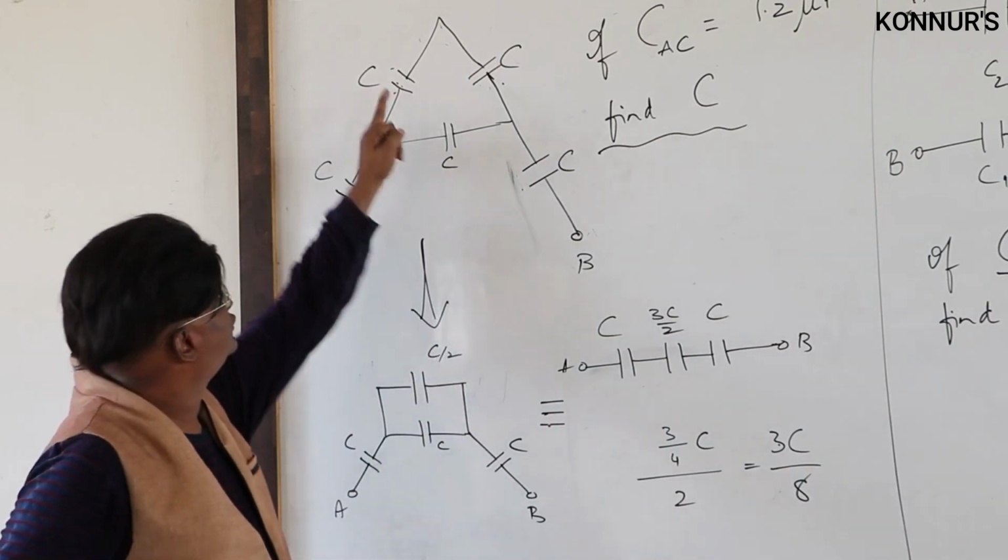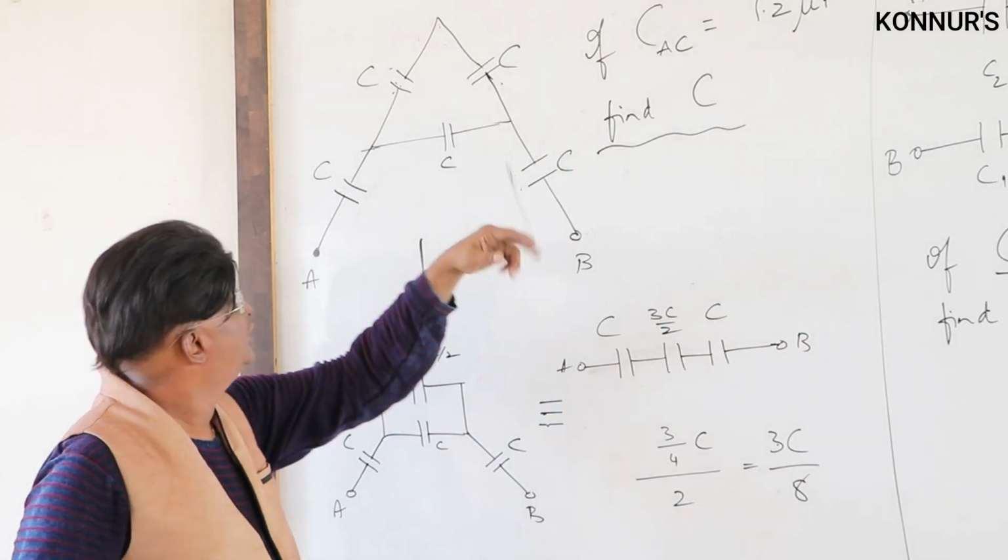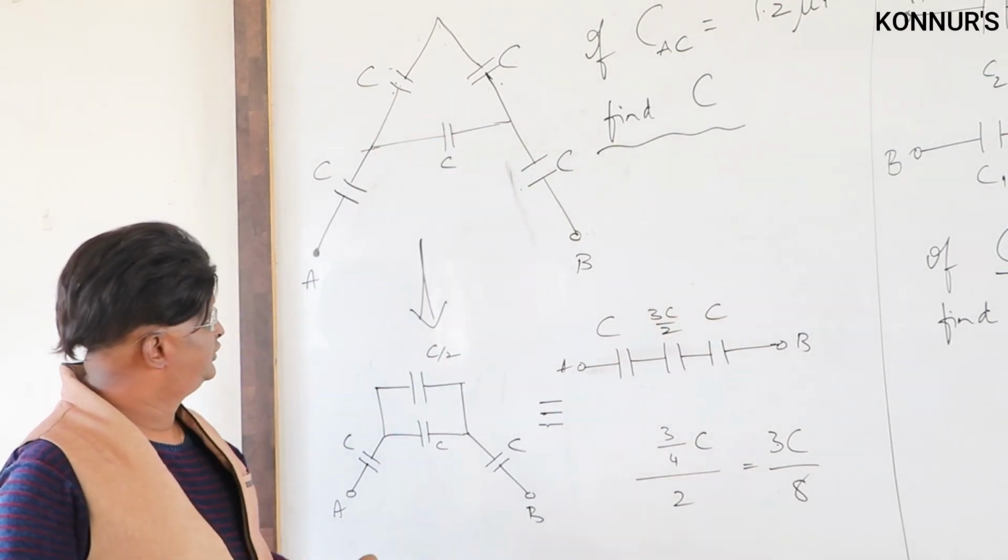Therefore, those two become series, C and C series, you will get C by 2. So 5 becomes 4.